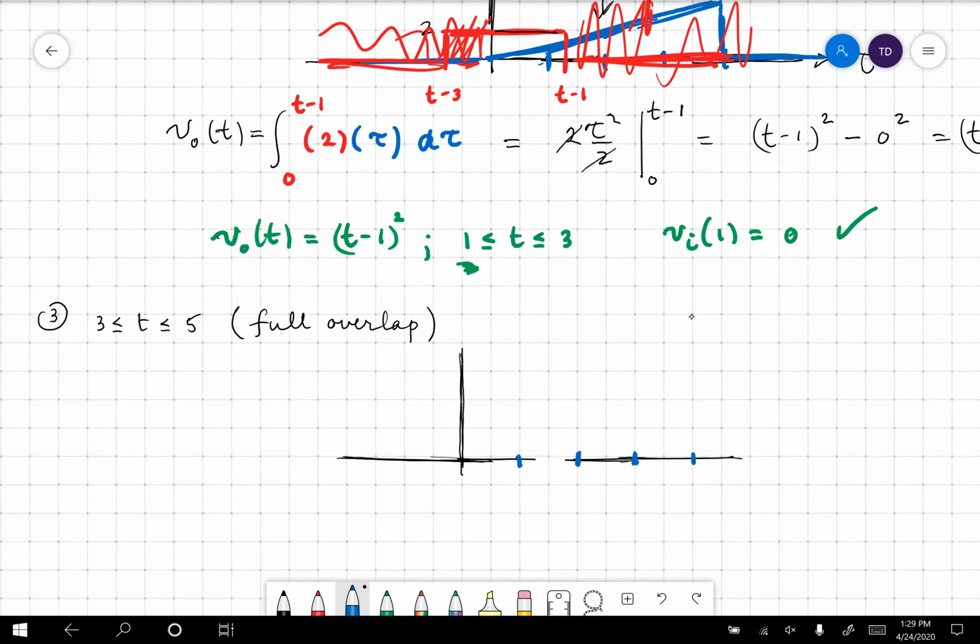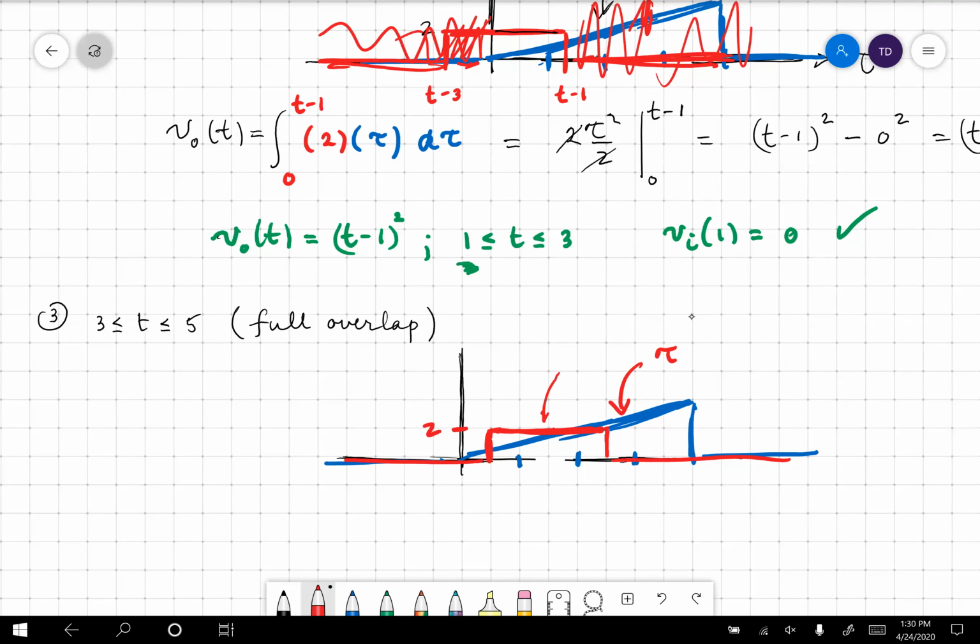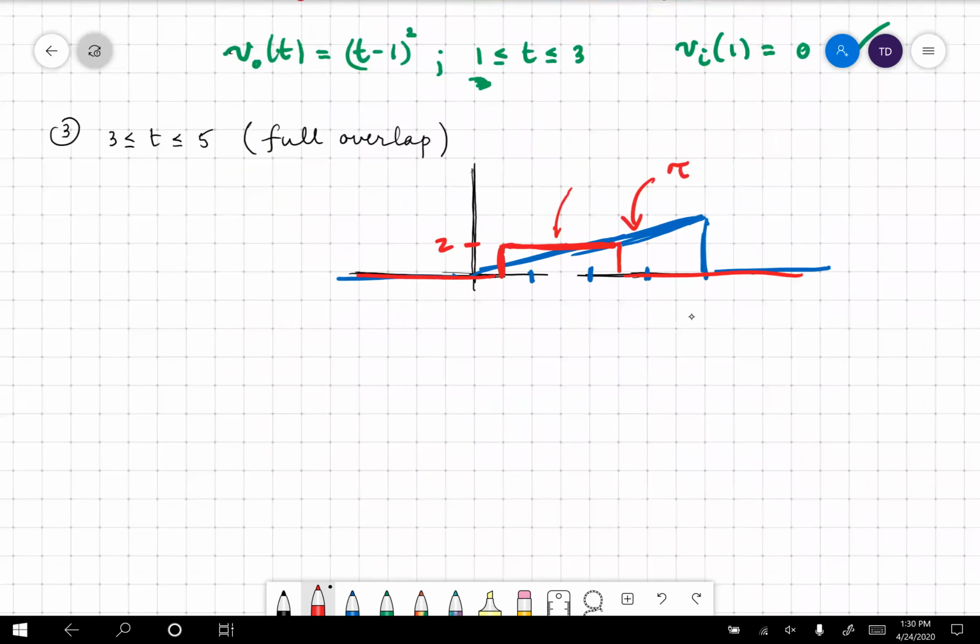So we have that function there. That's what the blue one looks like. This is what the red one looks like. The red is somewhere like this, and it fully overlaps the blue function, for the part where it's non-zero. Its value is still 2. That value is still tau. And so now what we have here is the following.